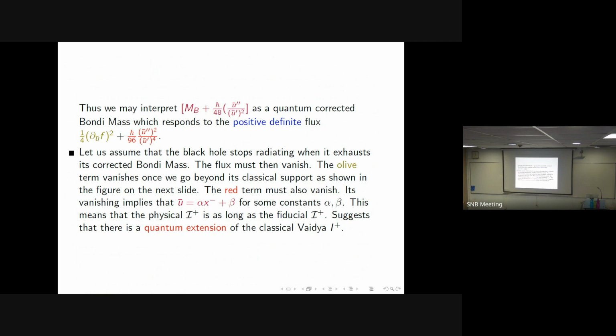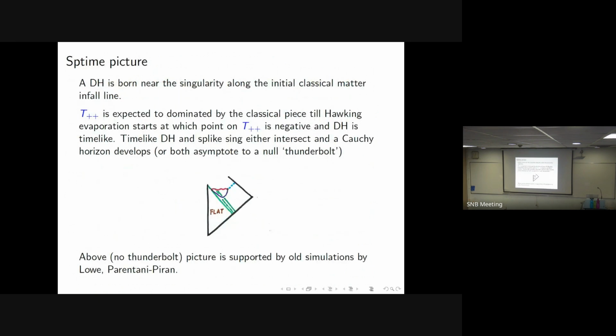It tells you that the physical scri minus is as long as this fiducial scri. In the Vaidya space-time, as well as in the semi-classical space-time, this terminates at a finite x minus. The code breaks down because now you have a Cauchy horizon. But the asymptotic analysis hints at an extension of this scri minus beyond this point.